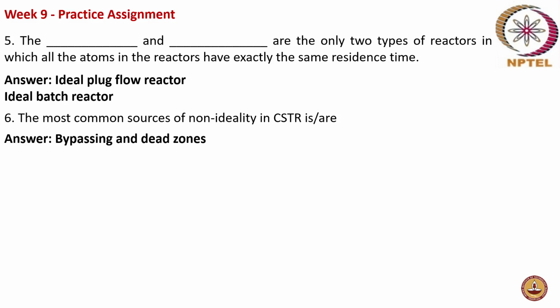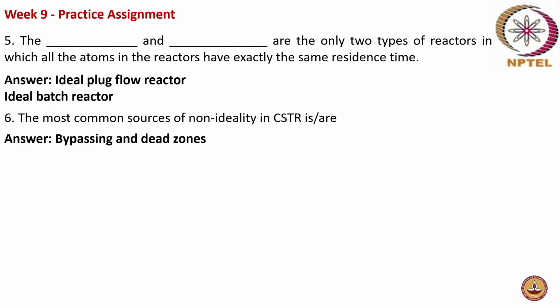As discussed in the lectures, in most cases of CSTR the inlet and outlet can be very close to each other, and the reactants may pass out of the reactor immediately without really getting mixed or participating in the reaction. So that part of the reactants has very low residence time.